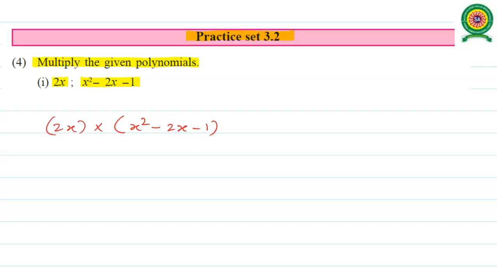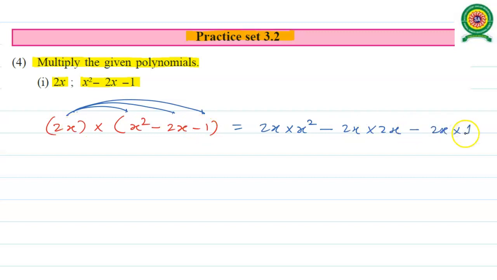Now what shall we do? Here we have to use the distributive law. We have to distribute 2x over the bracket. So we get 2x into x square, plus minus becomes minus, 2x into 2x, then again plus minus becomes minus, 2x into 1.